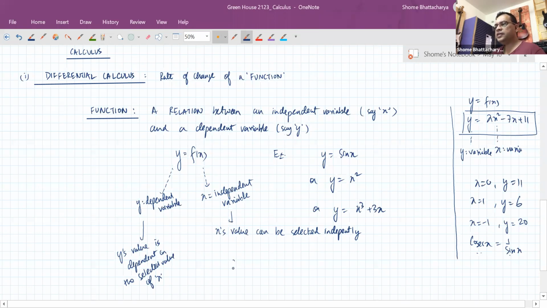Exactly. And f(x), this is the relation, or in this case, the more proper word is the function that defines that relationship. It defines the dependence of y on x.